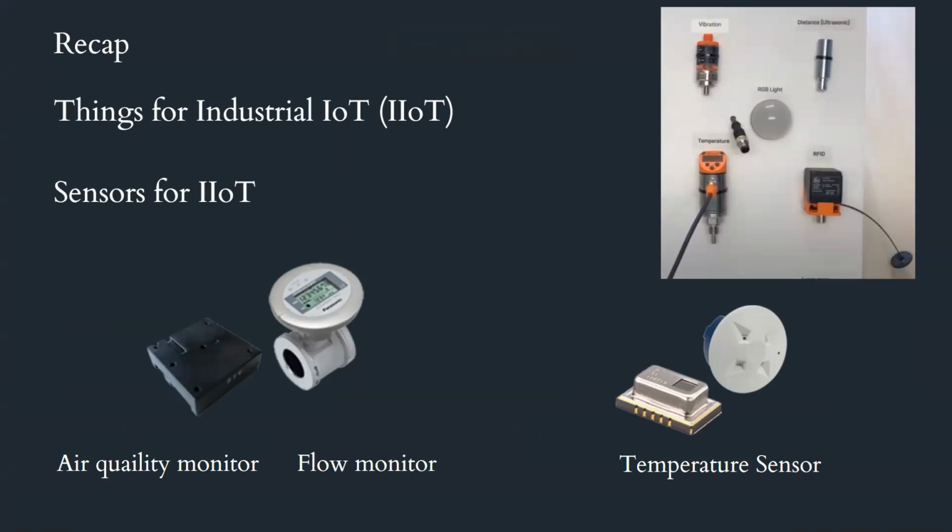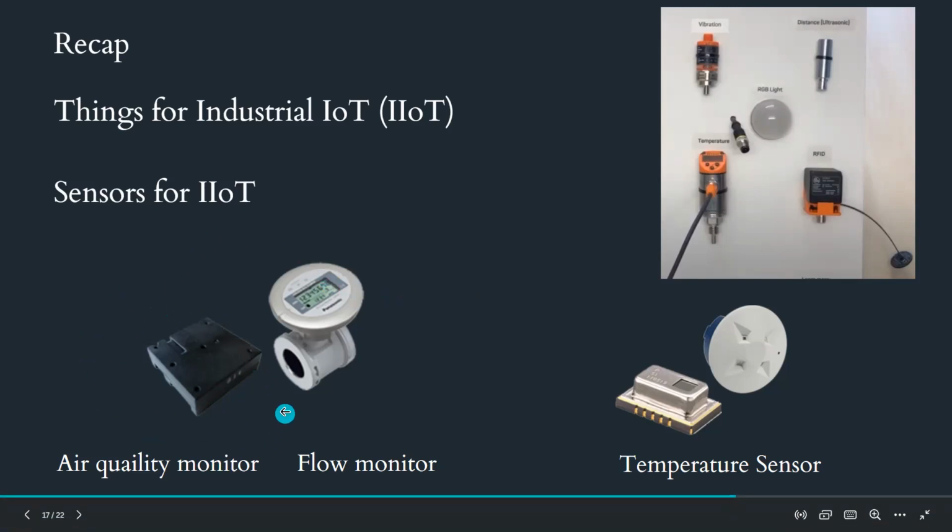We have sensors which are big and which are more able to withstand rough environments, high temperatures and high pressures, and so on. So an industrial environment requires very solid objects to sense the data and process the data. In that case, we have different sensors specifically for that environment.